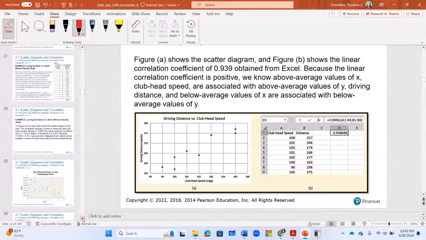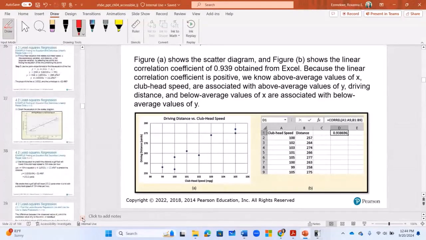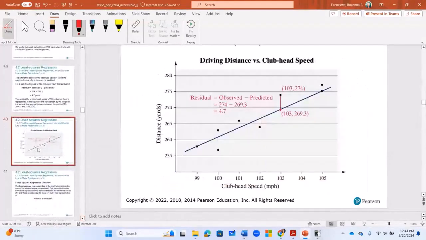So we have this data here, and we want to see where we are told to calculate the residual. And by the way, whenever you are told to find the residual, it is observed minus predicted. When you come to that table, the predicted is the one on the line, and this is the observed.